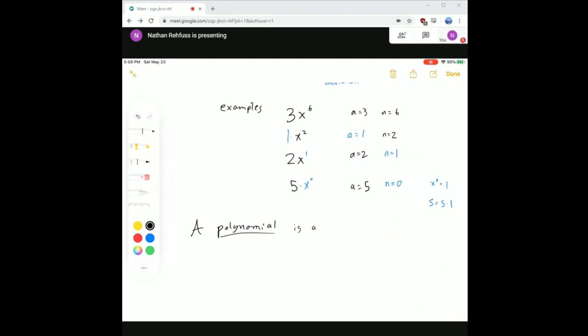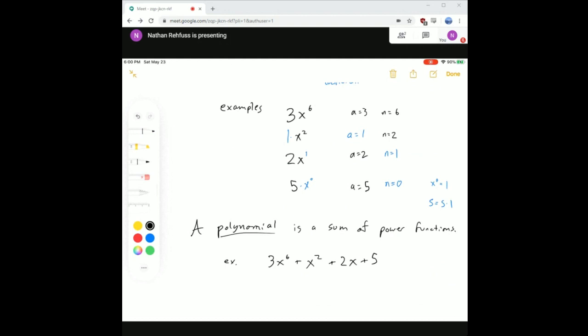It's a sum of power functions. So for example, I could take the 4 power functions from before and say 3x to the 6th plus, well, I don't need to write the 1, so I'll just write x squared plus 2x plus 5. This is a polynomial.